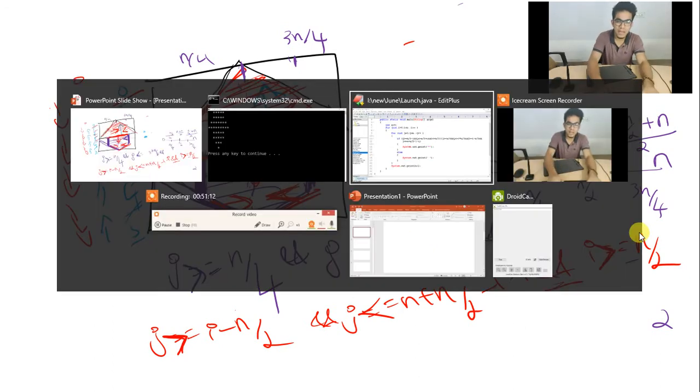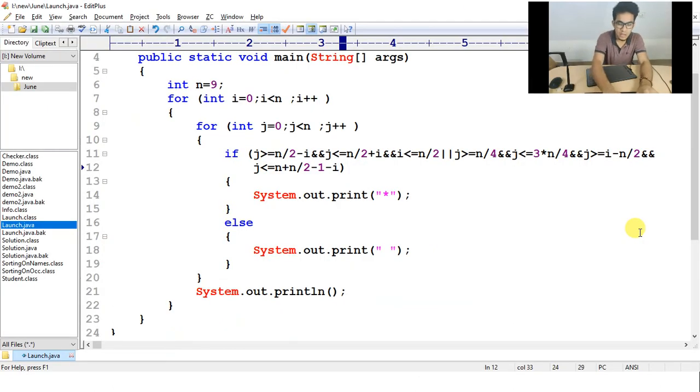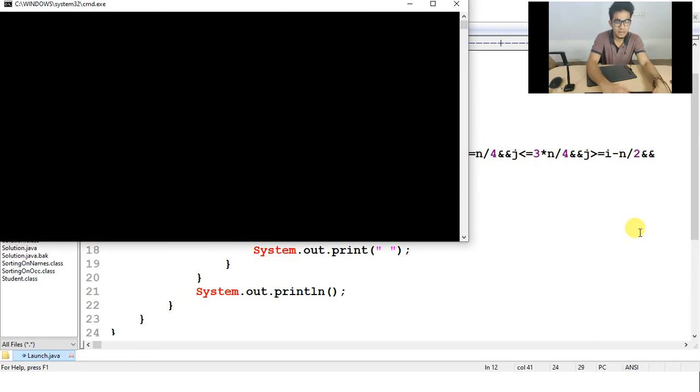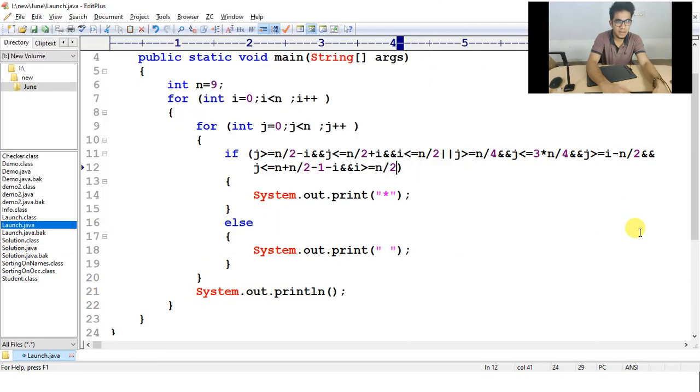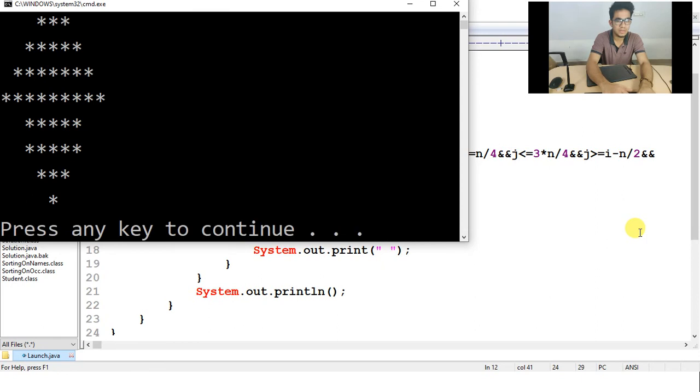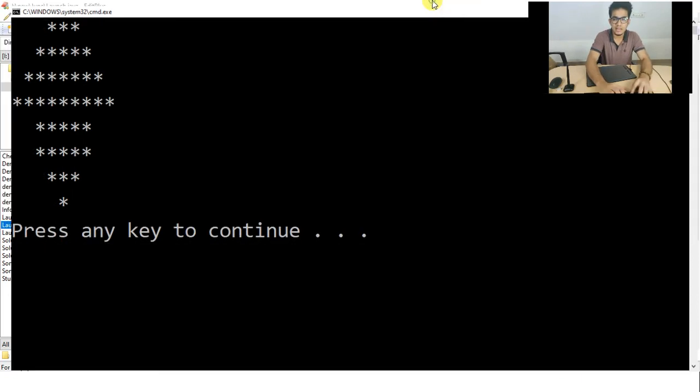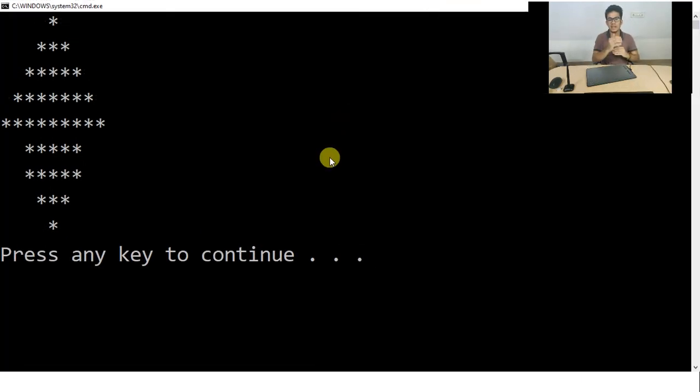So if I compile and write here and operator, i is greater than or equals to n by 2. Watch here. I have compiled and if I execute, see, I'll get this face and hat. So I hope you have understood this program.